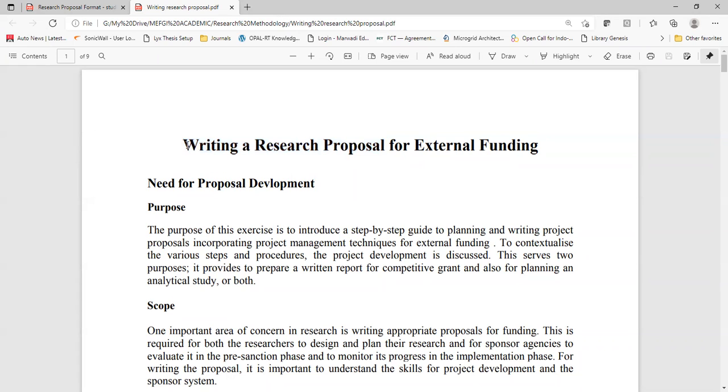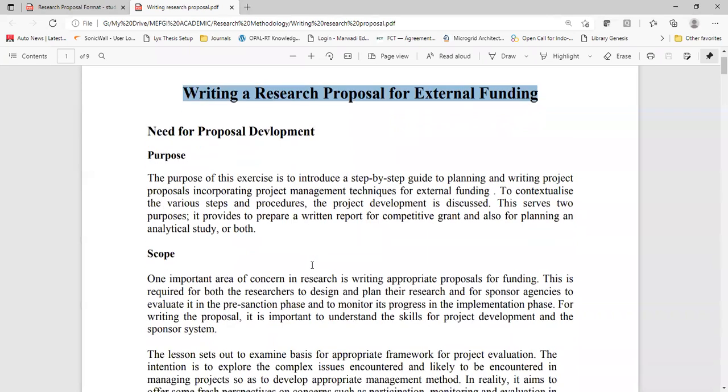Finally, writing a research proposal for external funding is very, very important, because if you join a particular laboratory after your master's, or you join as a faculty member, an assistant professor after your PhD, then it is expected that you will write research proposals.